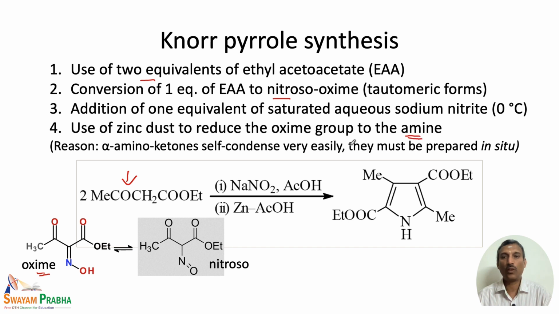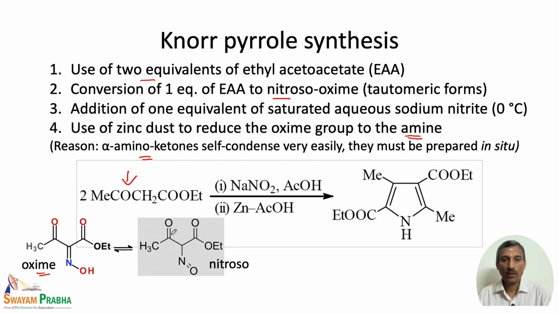So, here what we are doing is, these alpha amino ketones generally undergo self condensation very quickly. So, we form this particular alpha amino ketone in situ starting from the corresponding nitroso derivative.